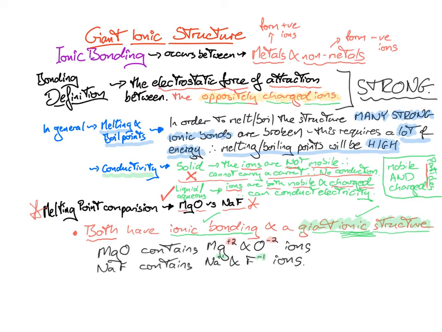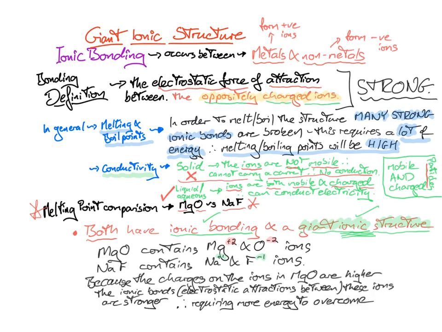Therefore, we can just write, and I'll write it in for you in a sec, that if we have bigger charges, as we do on the magnesium and the oxide ions, we will have a stronger electrostatic attraction, which will require more energy to overcome, hence a higher melting point or boiling point. You obviously could argue it the other way around with lower and less.